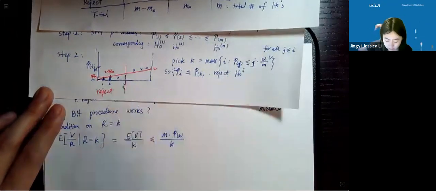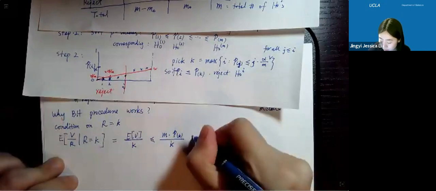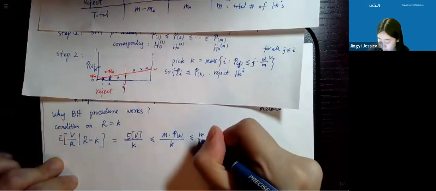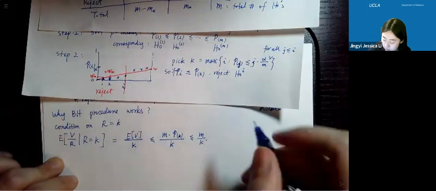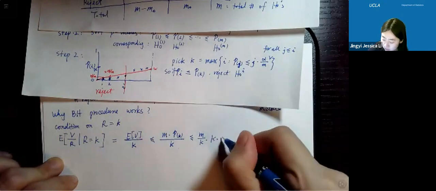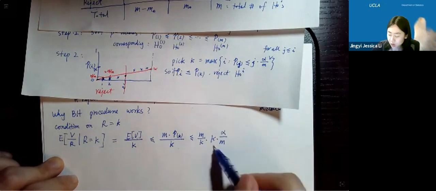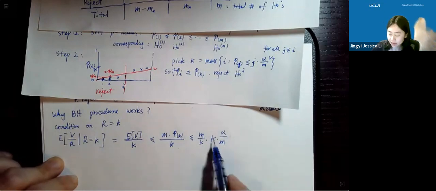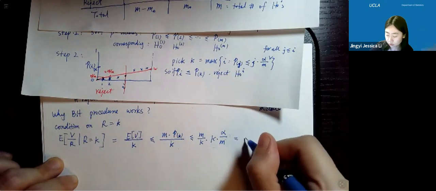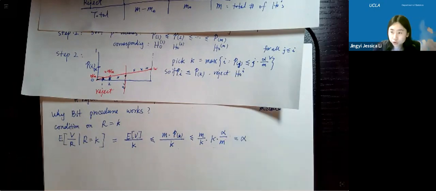It must be less than or equal to k times alpha divided by m, right? That's how we pick the k. And then by cancellation, we get alpha. So this is a very short intuition to give you why this will work by a conditioning argument. But as I said, to make this more rigorous, we need to use more advanced probability.